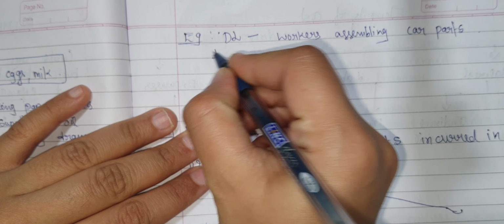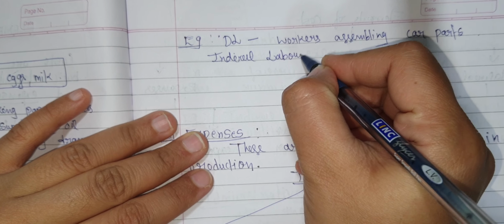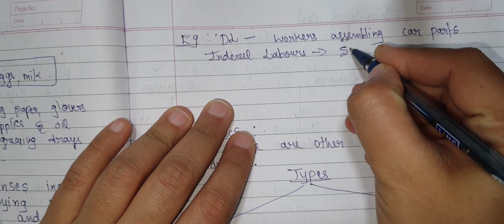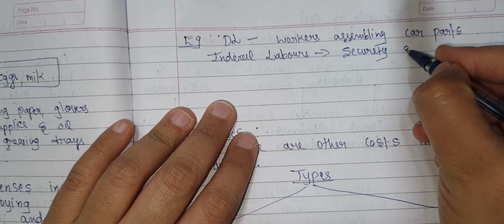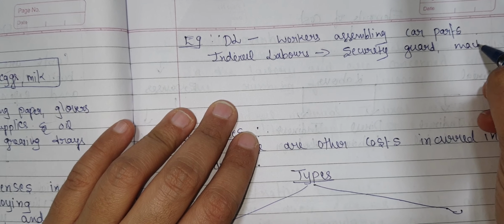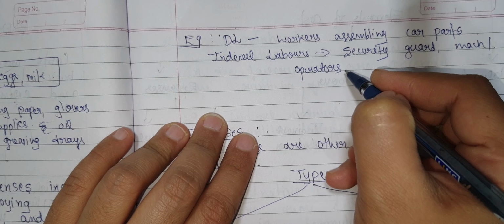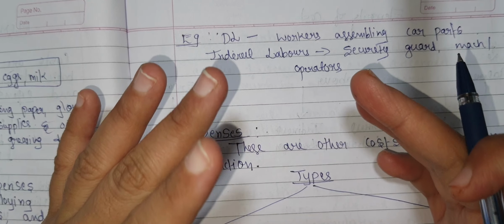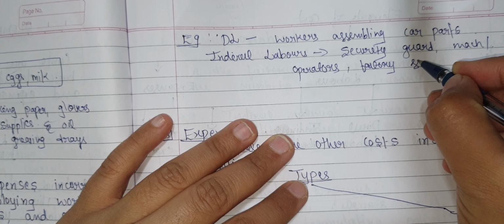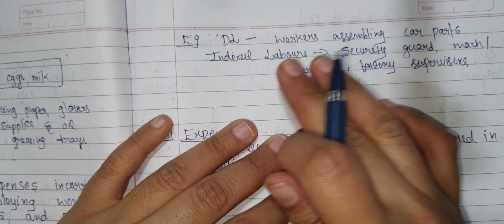And what about indirect labor cost? Here, security guards, machine operators who maintain the equipment, and factory supervisors. These are examples of indirect labor cost.